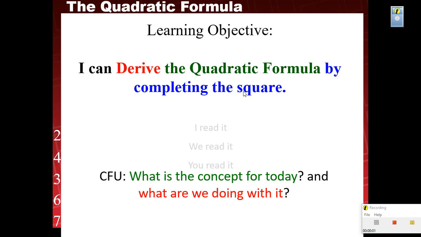So the word derive, some of you were asking me, what does that mean, Mr. Q? Derive means to extract or to get from. So for example, you know how sometimes you hear poetry when somebody reads it, or you read some poetry. Has anybody read some poetry before?